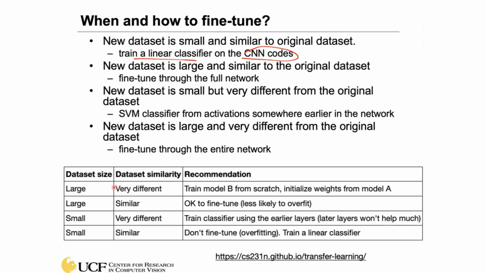The first scenario is that for your target data set, the data set size is large. You may have a lot of training examples, fortunately, for your application. But the data set similarity is very different. For example, maybe you are doing medical image processing, and you have the luxury to collect a lot of labeled data.